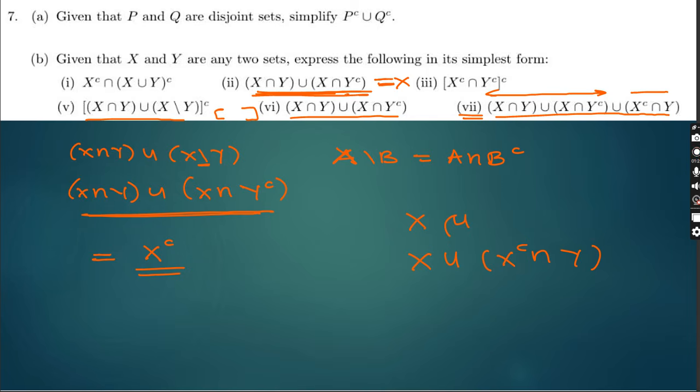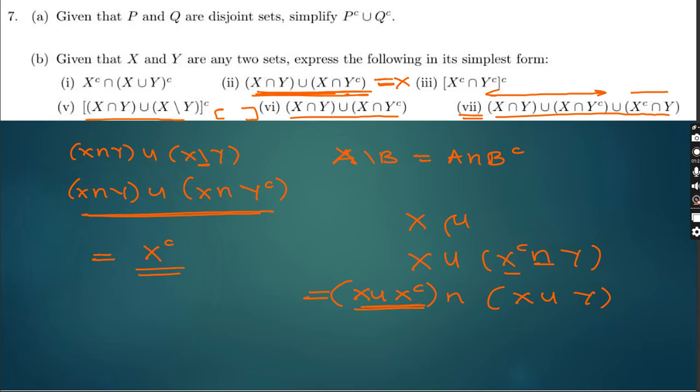So how are we going to simplify this now? We're going to multiply out using the distributive law. So the distributive law will help us now. x union x complement, in between intersection, then x union y. What can we do? It is simple now.